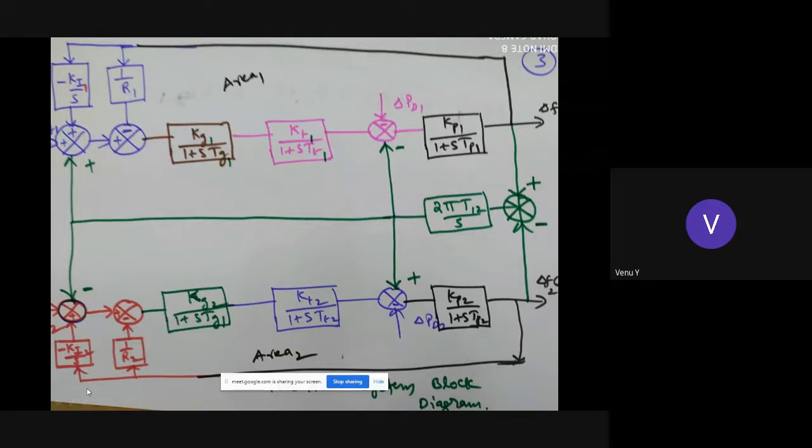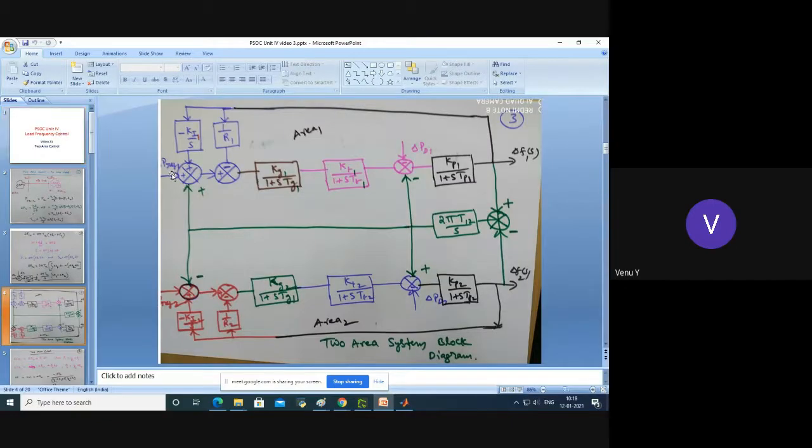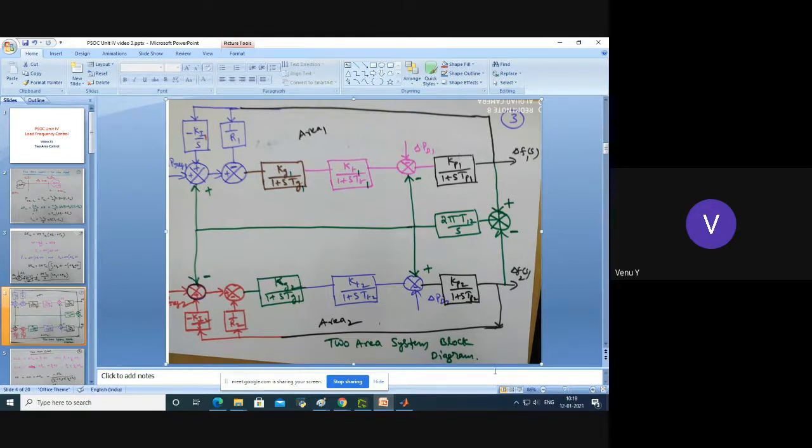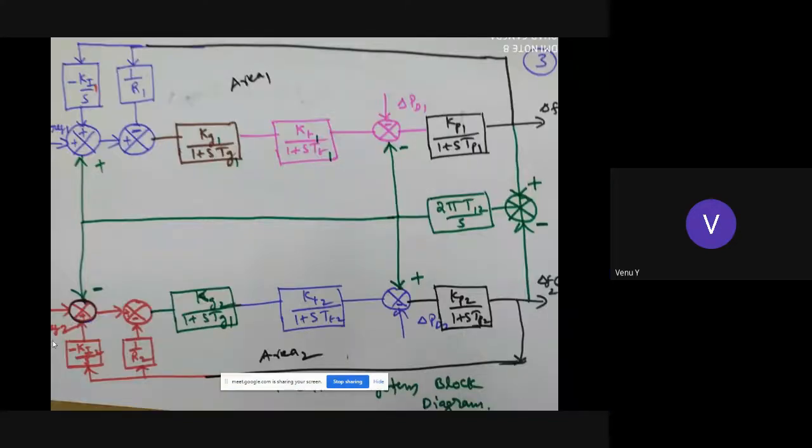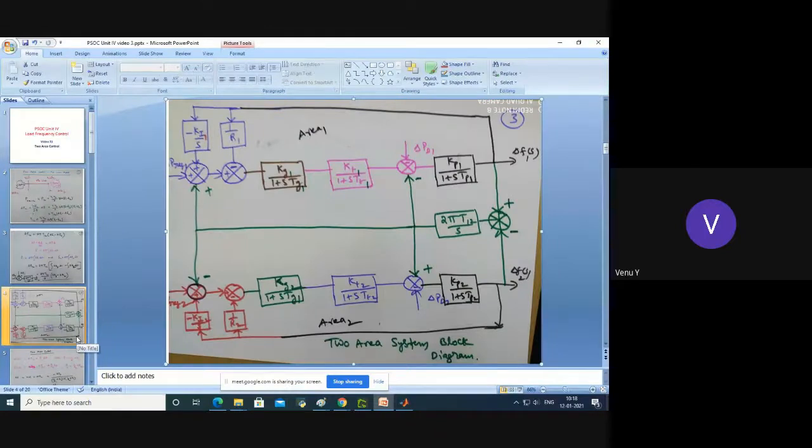Beta 2 is the area control error of the second area. Delta P reference 1 is for area 1, delta P reference 2 is for area 2.